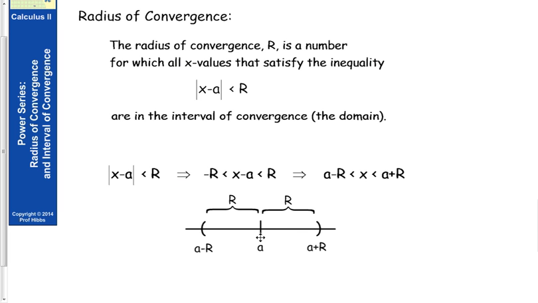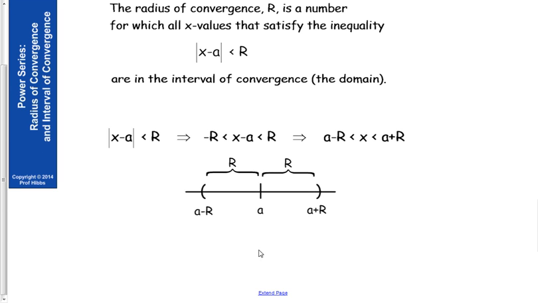And so a is in the center of that interval of convergence. We move from the center R units to the left and to the right to get the entire interval of convergence. So those pieces make sense as we see them put together there.